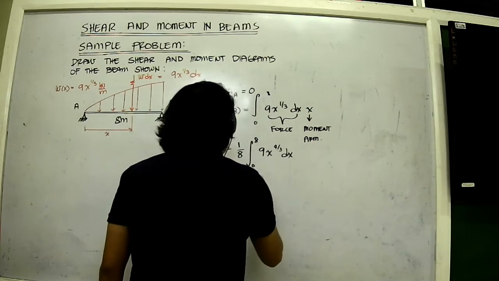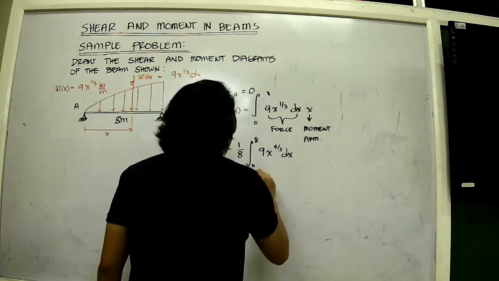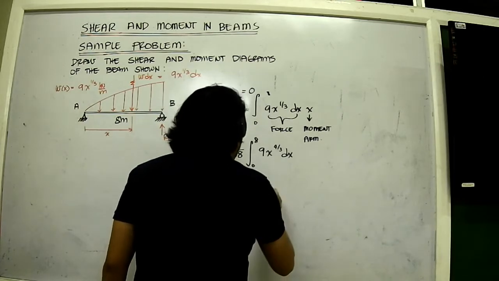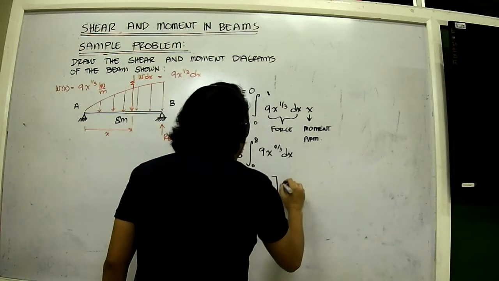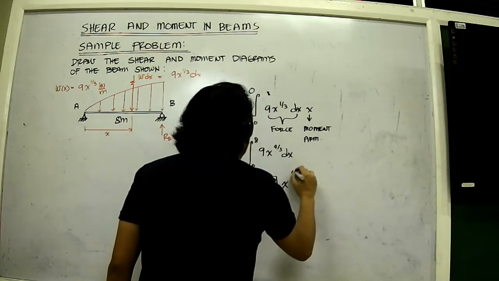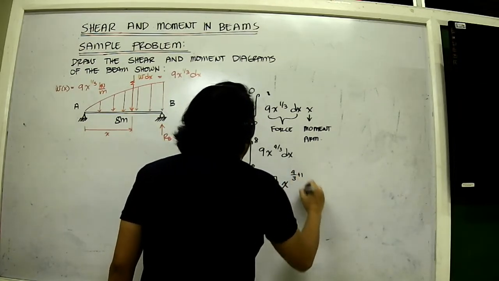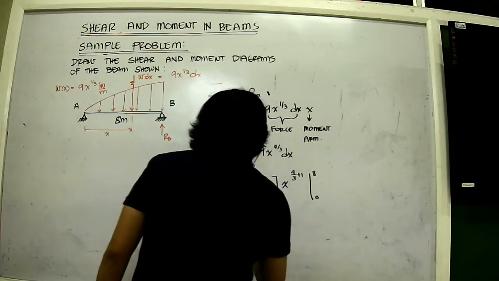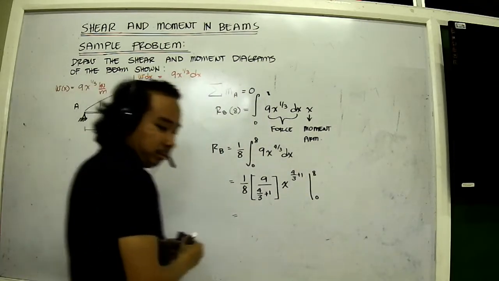That is equal to 1/8 multiplied by 9 divided by (4/3 plus 1) times x to the power of 4/3 plus 1, from 0 to 8.